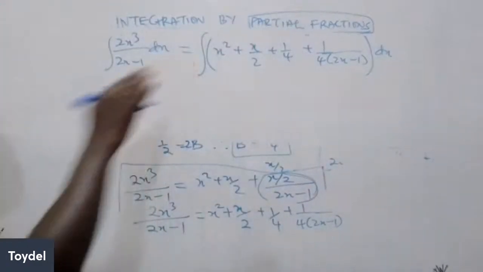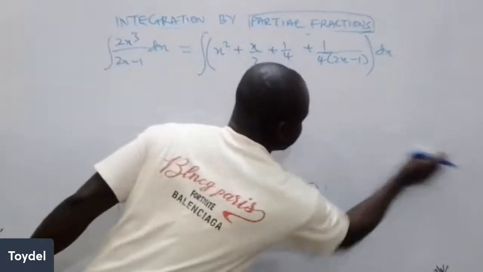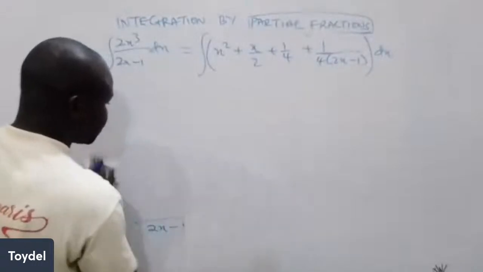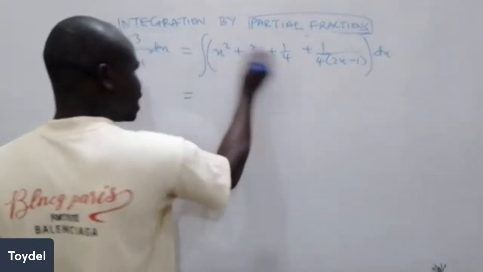So this is the standard form of the given question, and that is what we'll now go ahead and integrate. You realize that under integration by partial fraction, if you don't know how to resolve into partial fraction, you can never get anything here. So from here now, I can integrate.